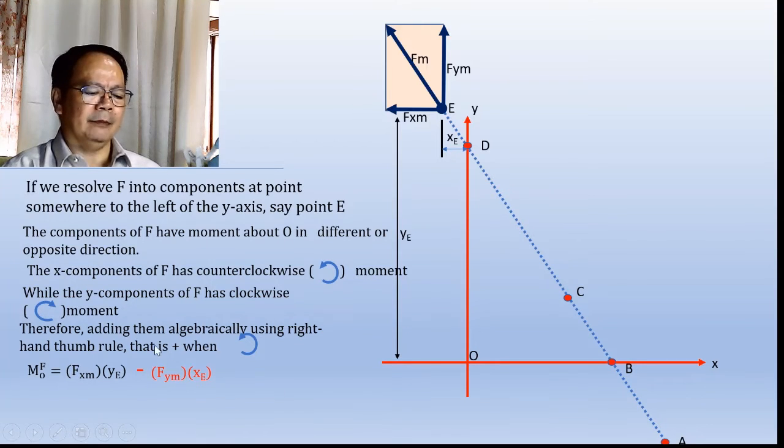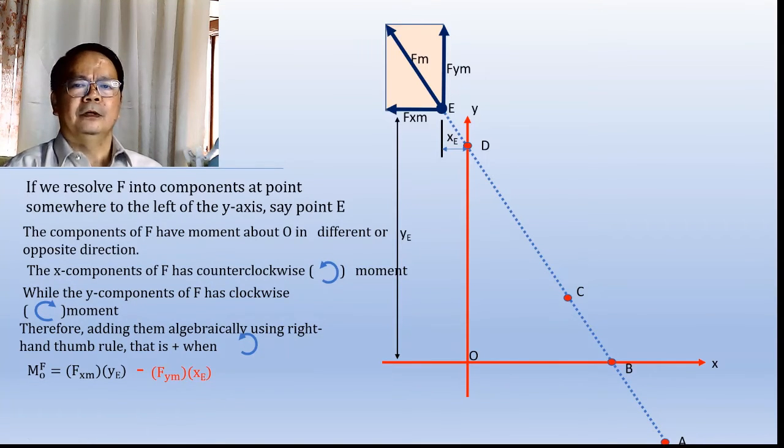I made it a different color to emphasize that this becomes negative because the turning effect of F sub y, when resolved at point E, is already in the clockwise direction. And so that's how we explain the principle of moment, how we can compute the moment using the components.